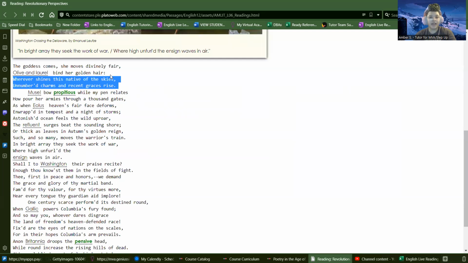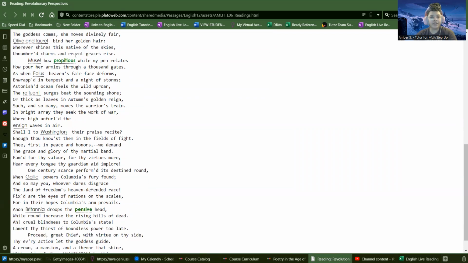So native of the skies is basically saying that Columbia, this goddess, is a part of heaven that's come to visit them, to fight for them, or inspire them, because she's the personification of America's dreams. So they're basically saying wherever the spirit of America is, unnumbered charms, so unlimited charms, goodwill, that kind of thing, and recent graces rise. So she's basically saying that this spirit of America, wherever she shows up, is good luck.